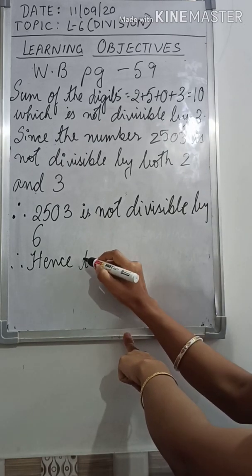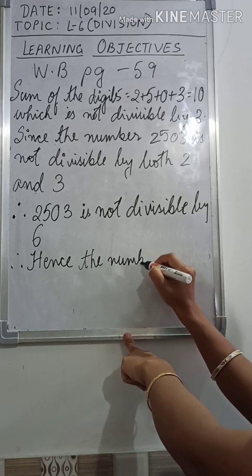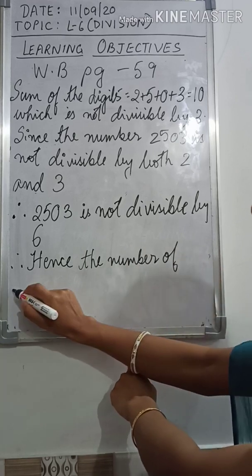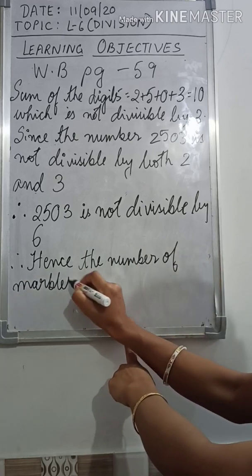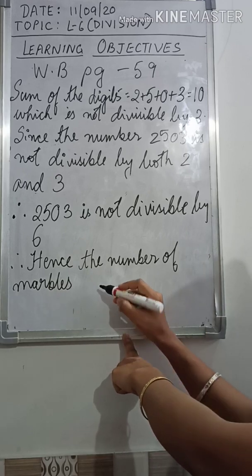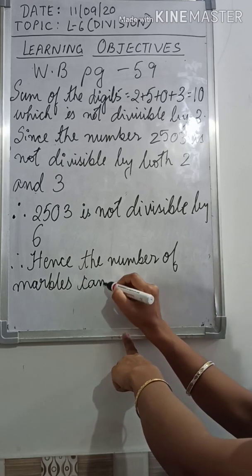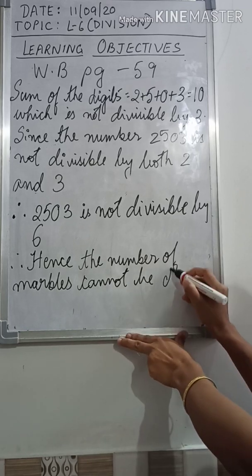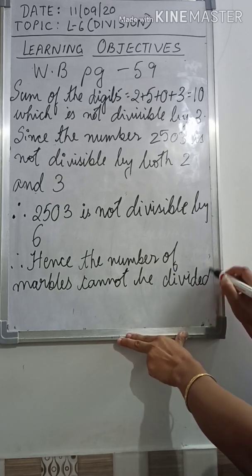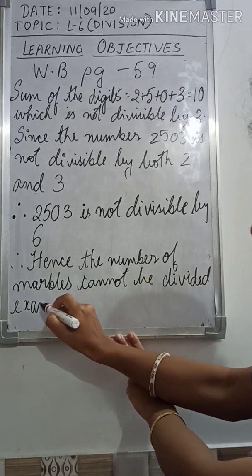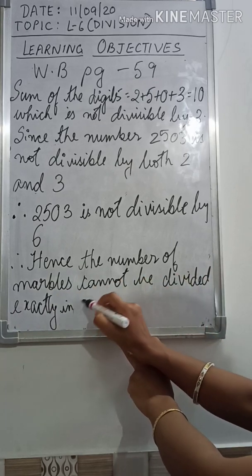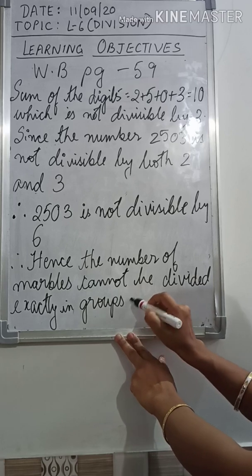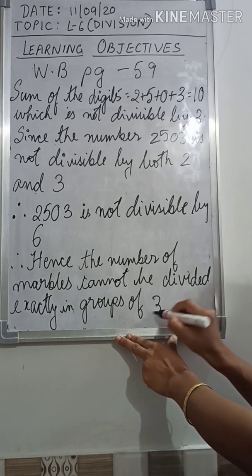So we can write, hence the number of marbles cannot be divided exactly in groups of 3 and 6.